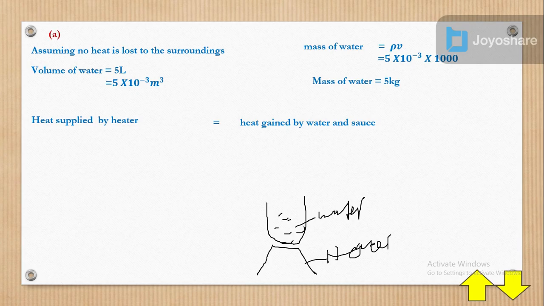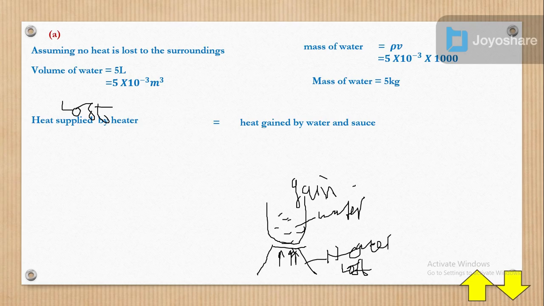The heater is providing some heat, so it will lose heat. While the water and saucepan will gain heat. So when you're dealing with heat calculations, think about two things: heat gained and heat lost. The heat supplied by the heater is heat lost, and here we are gaining heat.